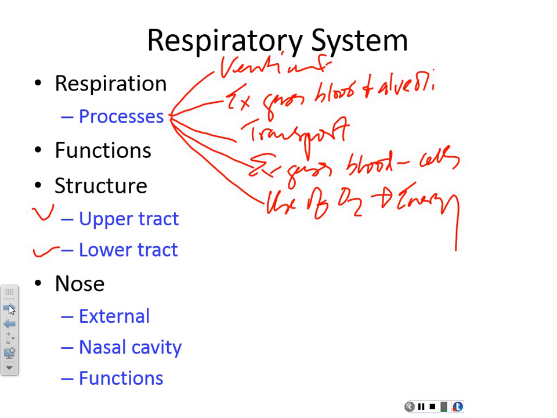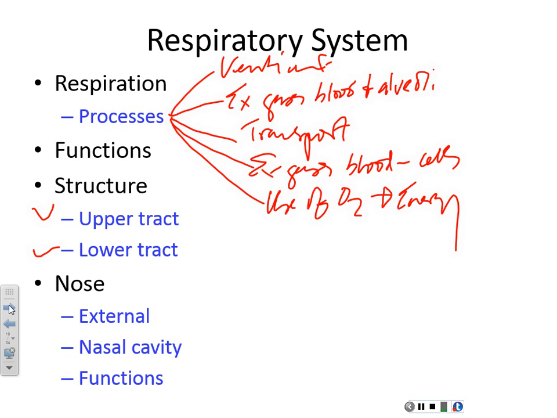So you know those parts, you know the nose really. I want you to know just a few of these features, like the nasal cavity with the nasal conchae. And the function of the nasal cavity really is to do what? Warm the air, moisturize it, and filter it.